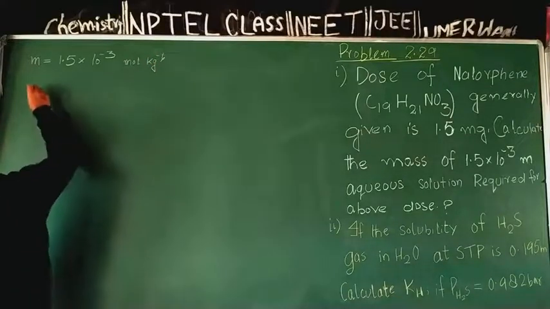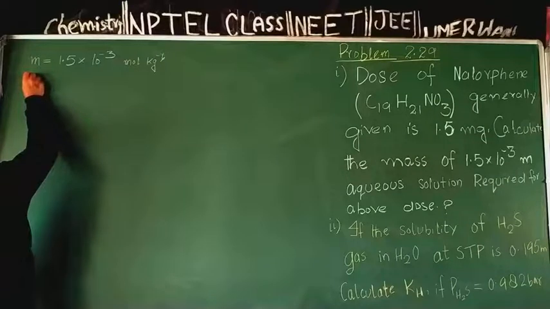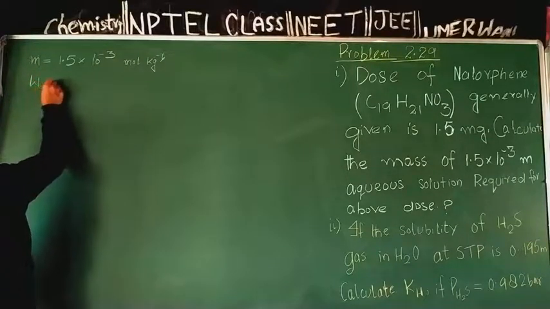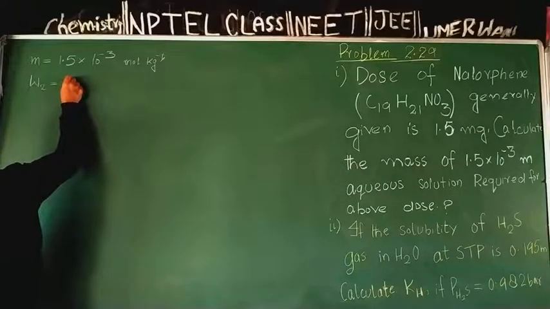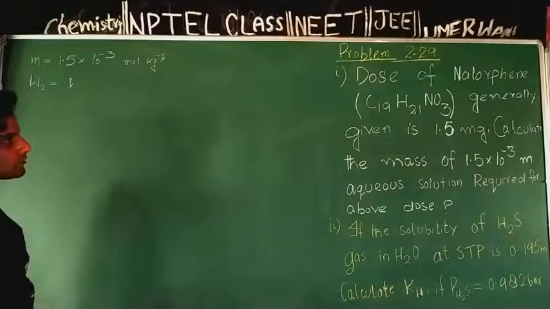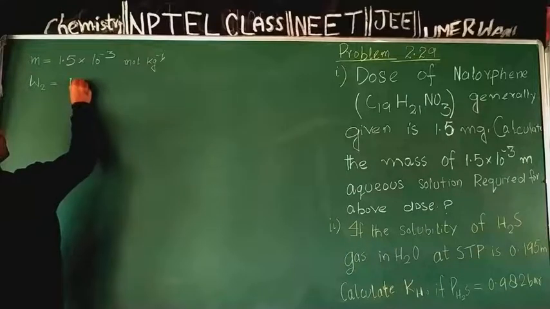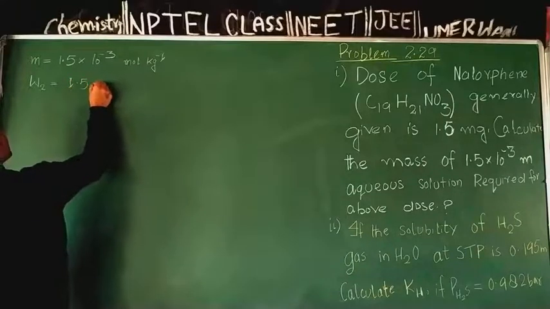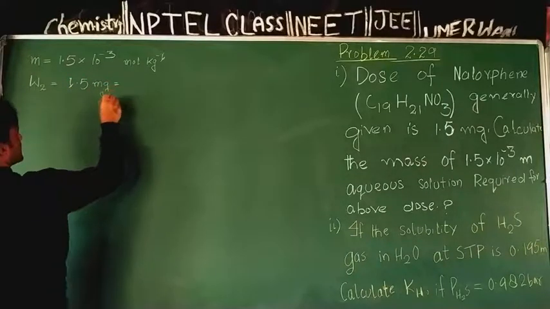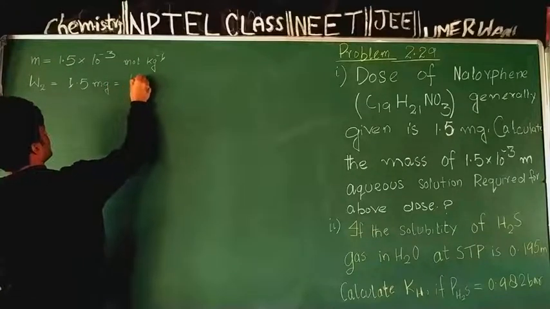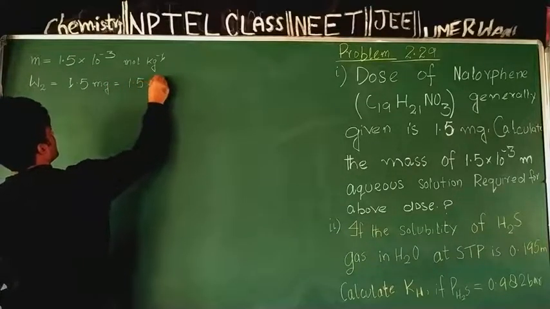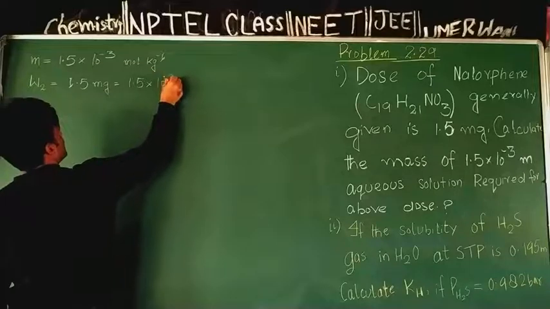Now morphine is the solute here, and its prescribed dose contains 1.5 mg, which when expressed in grams is equal to 1.5 into 10⁻³ grams.